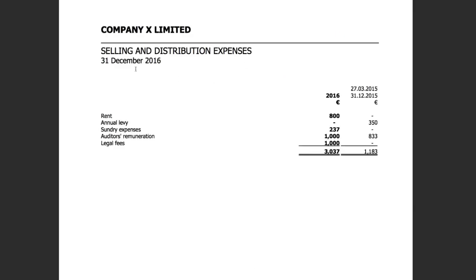However, if we move a page down, we're going to see the breakdown of these selling and distribution expenses of 3,037 euros. So if we want to know what page 5's other expenses comprise of, they comprise of rent of 800 euros, sundry expenses of 237 euros, auditor's remuneration of 1,000 euros, and legal fees of another 1,000.